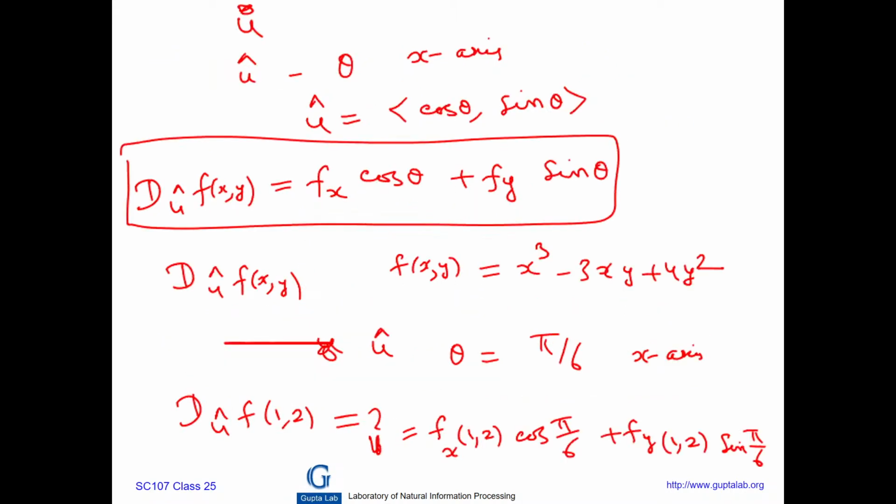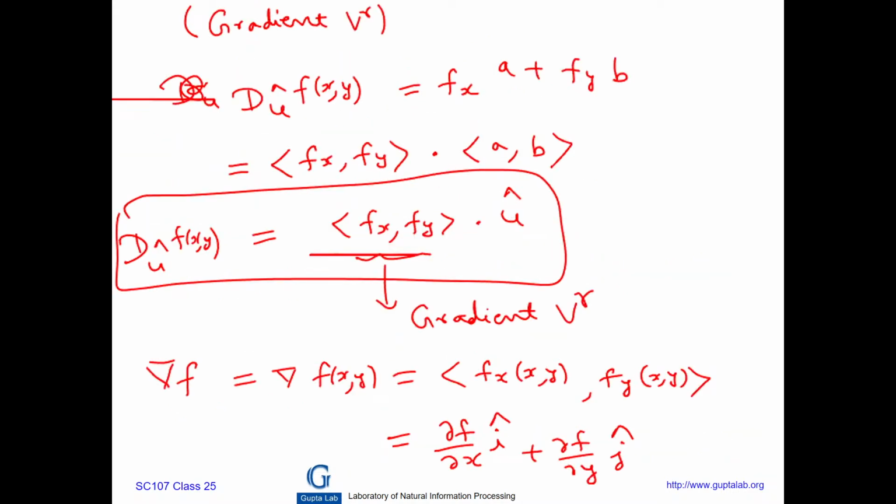And in fact, in terms of polar coordinates, if u can be written as (cos theta, sin theta), then the directional derivative formula is this. Just change the value and then you can get it. This can be further generalized to what is known as the dot product of two vectors, basically, and this is known as the gradient.